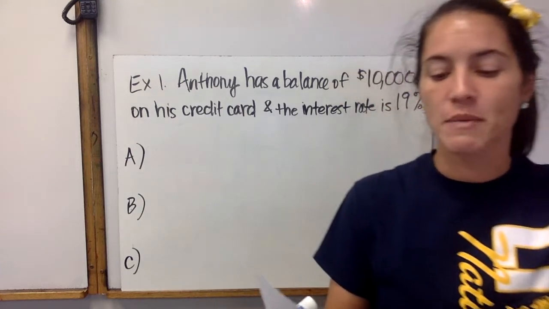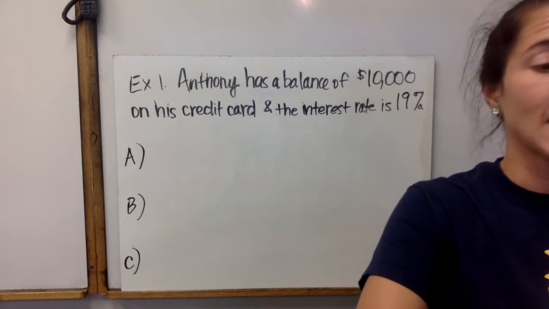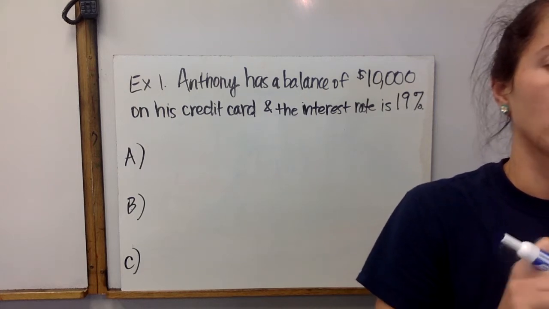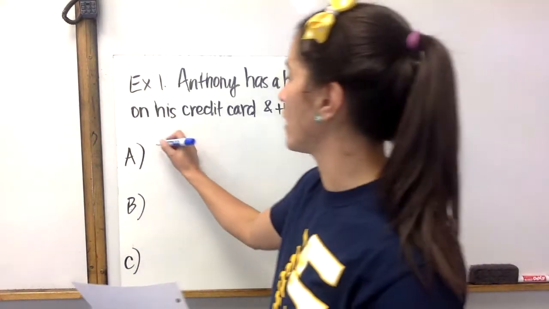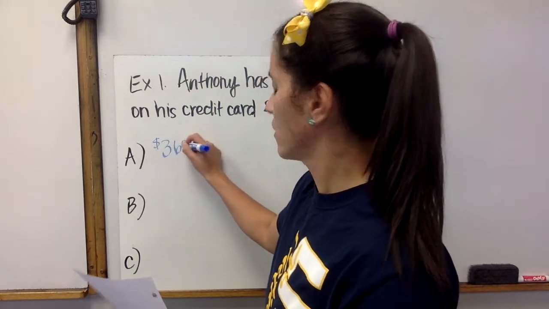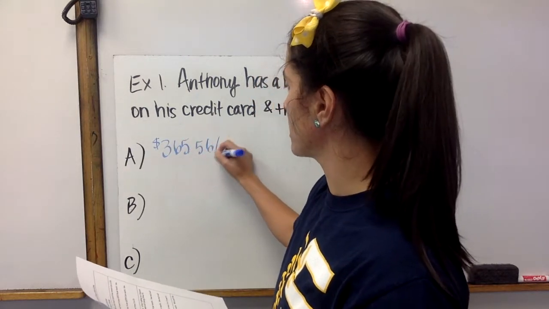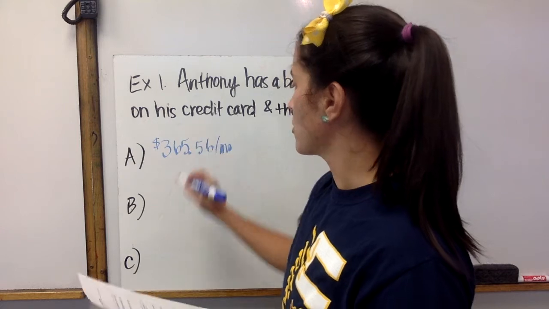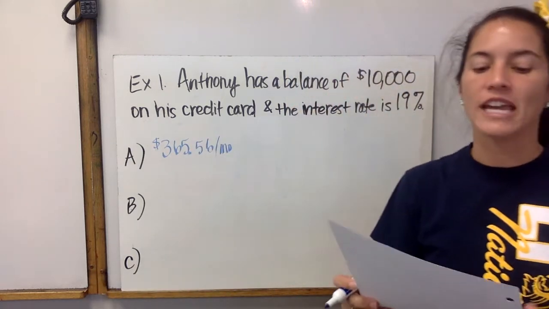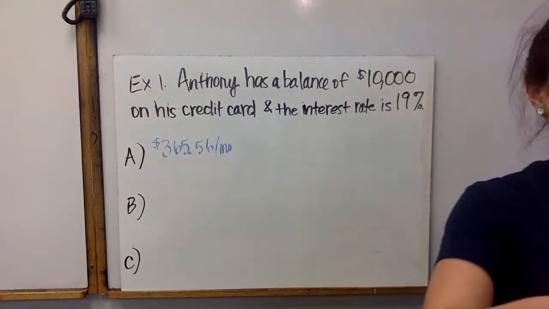So, part A, to pay off the loan in 3 years, Anthony will have to pay $365.56 per month. How much will Anthony pay in interest?